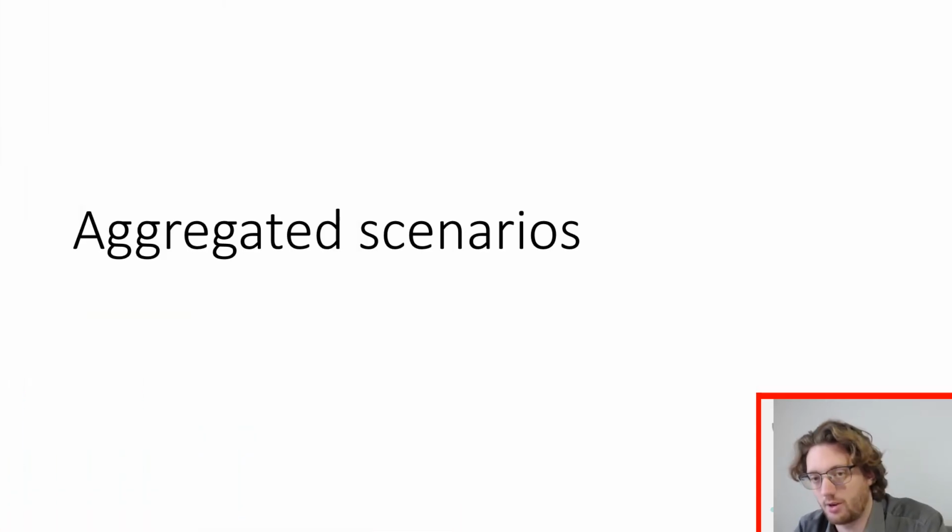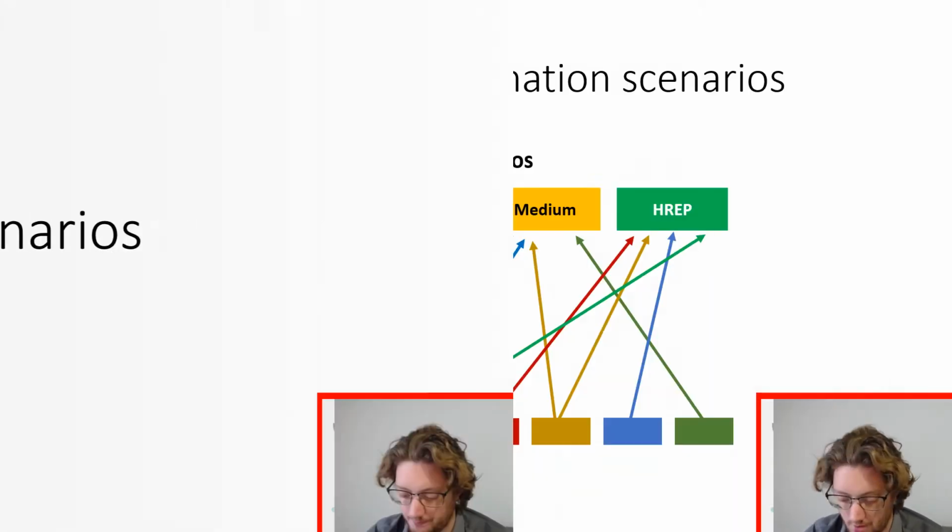Then I want to take that a little bit back and talk about aggregated scenarios. So that's the simple way of doing a scenario. That's what I just showed. But we have one reference scenario that then inherits to other scenarios where we couple on more and more changes that are specific. Those are good for bigger main scenarios, but we can do aggregated scenarios, which is quite interesting as well.